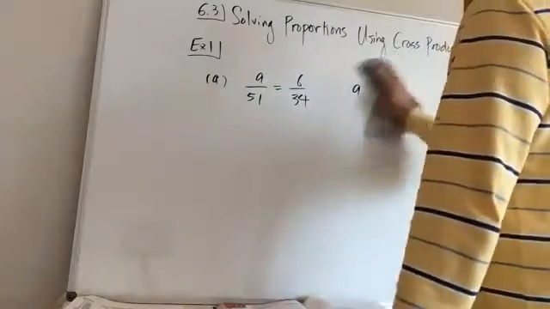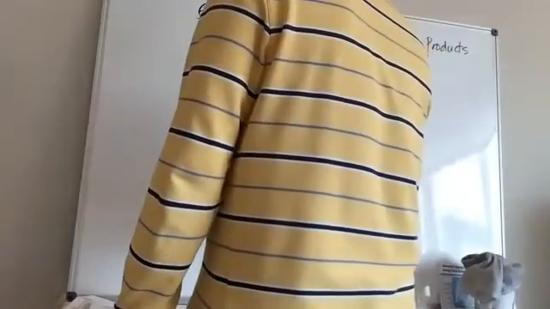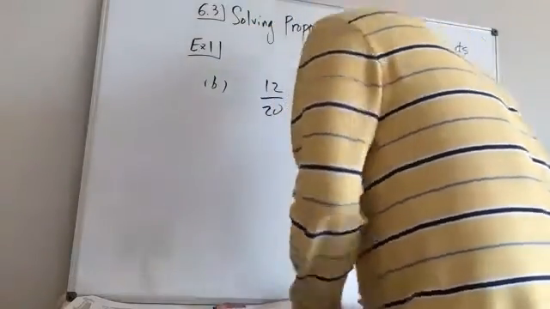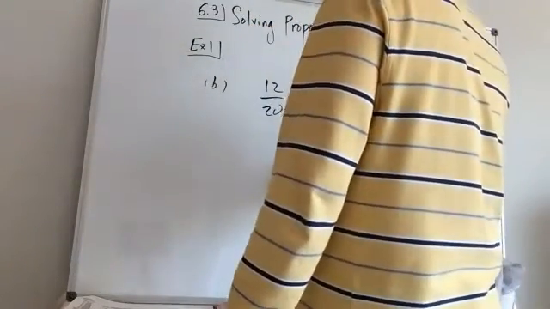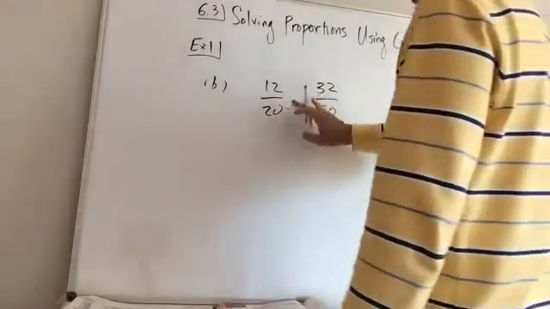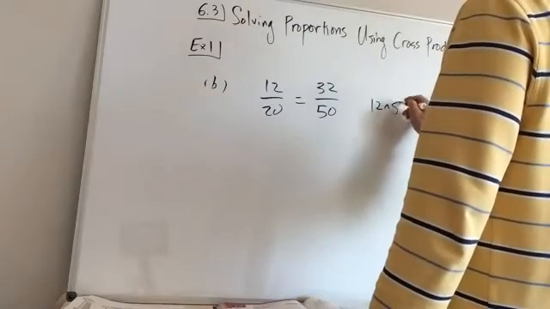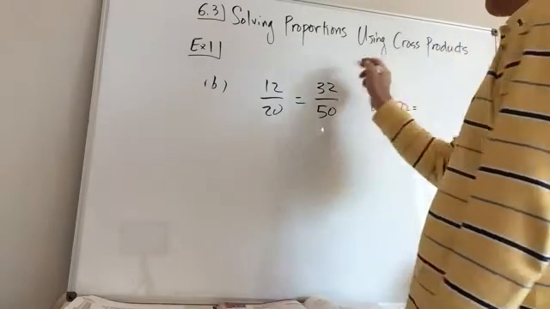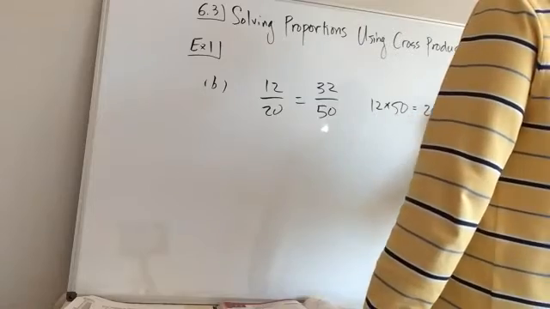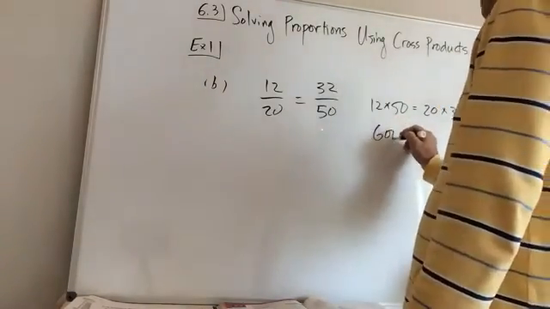So let's look at B, see if B works. You go to B, we have 12/20, and the other one is 32/50. So do the cross products, set them equal to each other and see if the cross product works. That means that 12 times 50 would have to be the same as 20 times 32. 12 times 50 is 600.